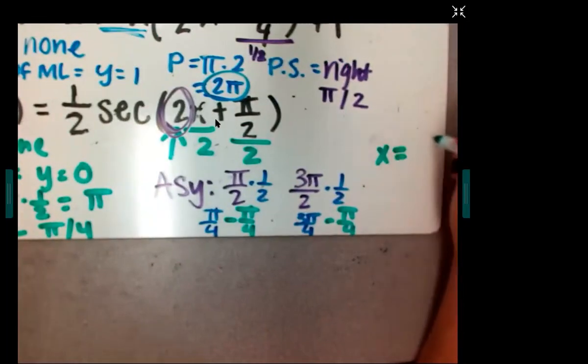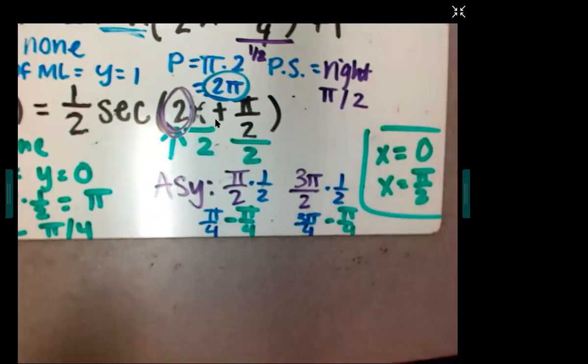Good job. Are you proud of yourself? Good. You need to know how to do this for your quiz. People at home, are y'all okay with this? Wait, what did the second one say? The second one says pi over 2. 3 pi over 4 minus pi over 4, excuse me, which would be 2 pi over 4, which reduces to pi over 2.